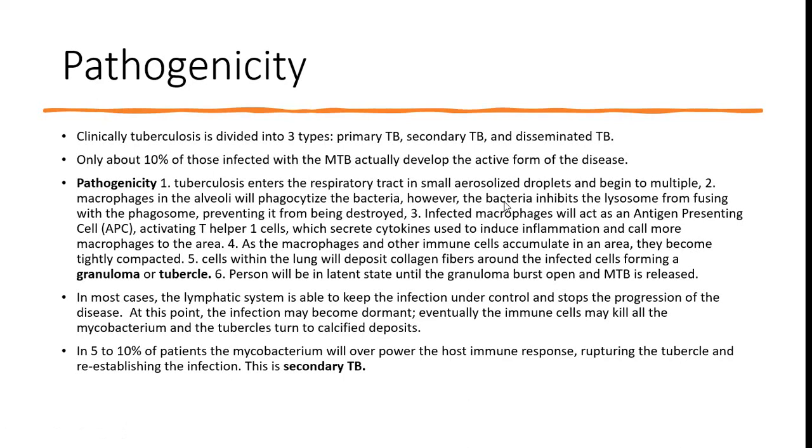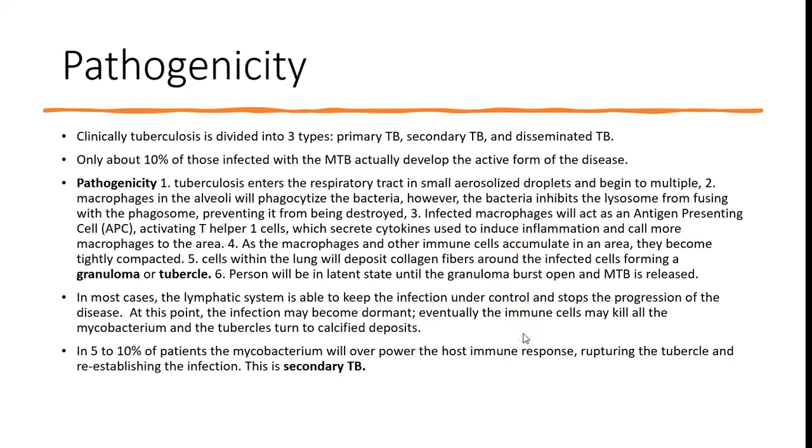Okay, so because of that, they're going to be able to get into that macrophage and replicate. But because the macrophage has already been infected, it's going to start acting like an APC and it's going to start calling helper T cells in there. And then that's going to help start that inflammatory response and call other macrophages and other immune cells into the area.